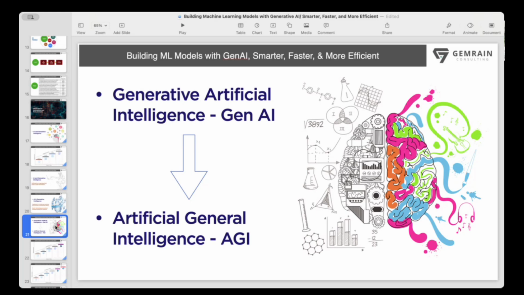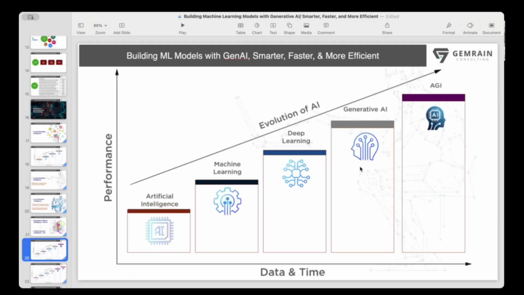It is about the movement from generative AI to AGI, artificial general intelligence, which is going to be the next revolution of AI after generative AI.